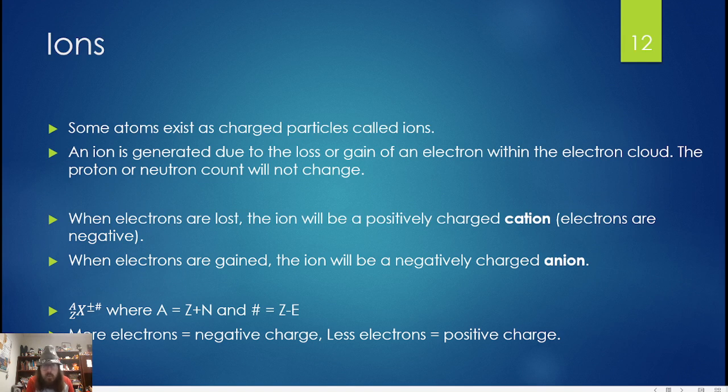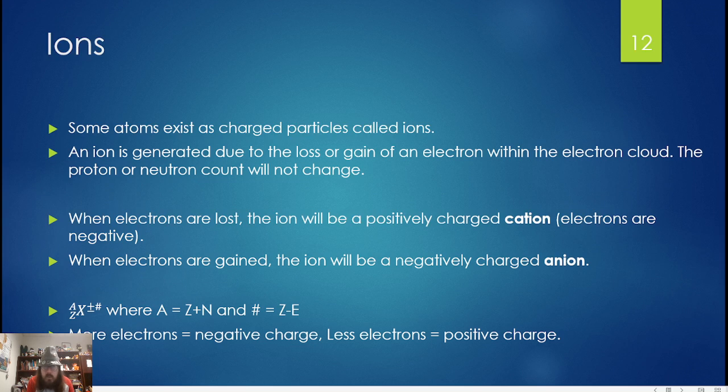So we cannot lose protons. The only way to become charged is to affect change within the electron cloud. So we are either going to add extra electrons to the electron cloud, or remove electrons from it. The nucleus will remain unchanged.